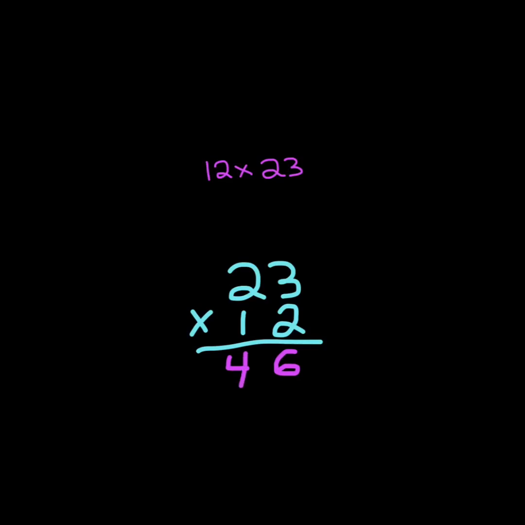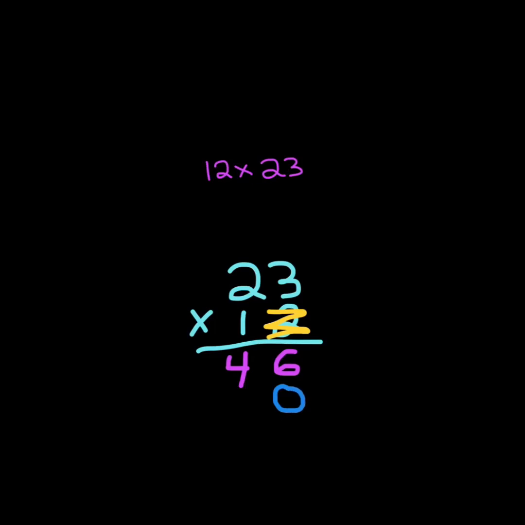Now I'm finished with this 2. I've multiplied it by all the numbers that are above it, so I don't need this number anymore. So a way for me to remember that I am finished with that number is to just scratch it out. And to remember that I now need to move on to this place value, you also need to include a 0 because there's nothing left.